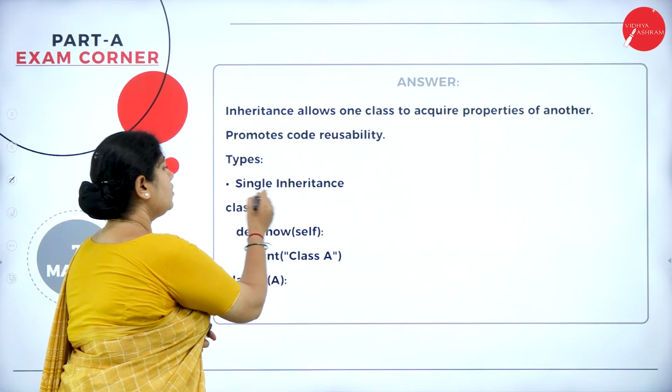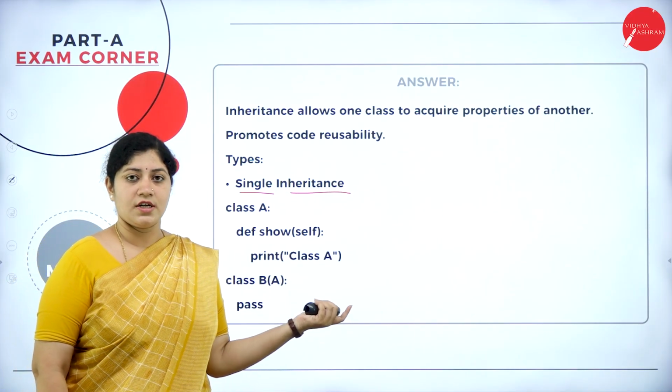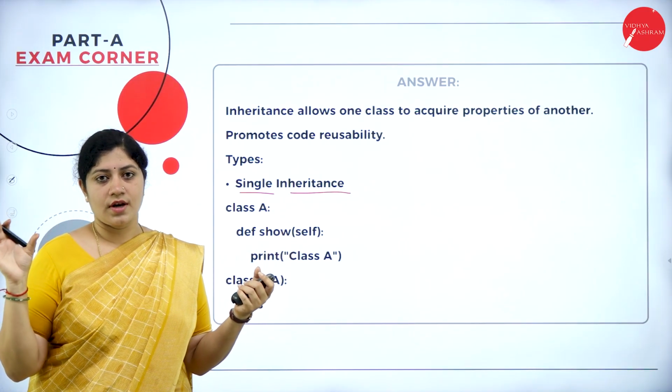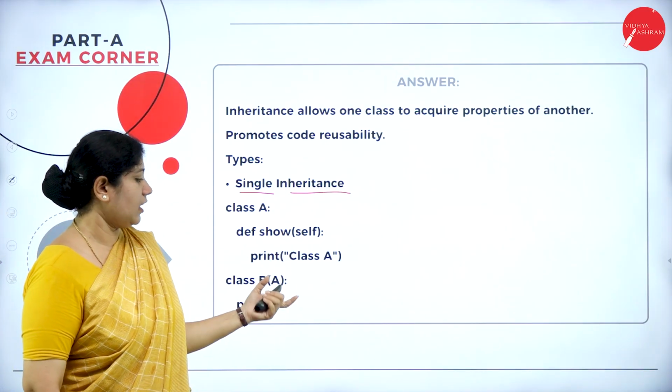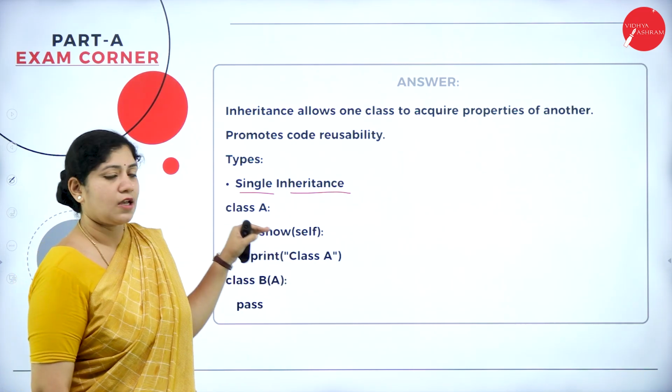Next, let's head to the types of inheritance. We have single inheritance, multiple inheritance. In order to go with single inheritance, you have to describe what it is, then write a simple syntax with an example. Let's get started with an example.